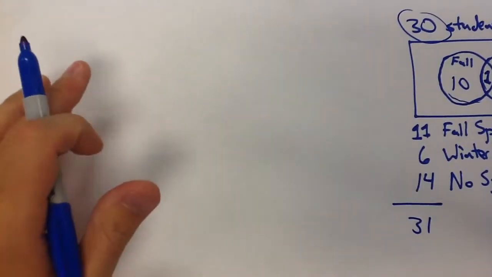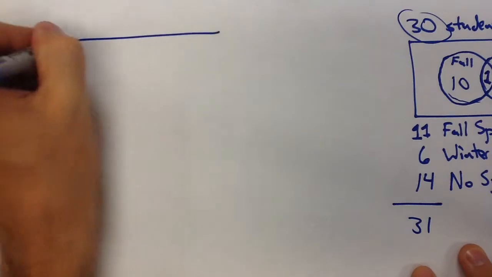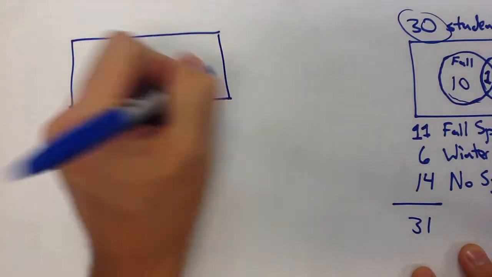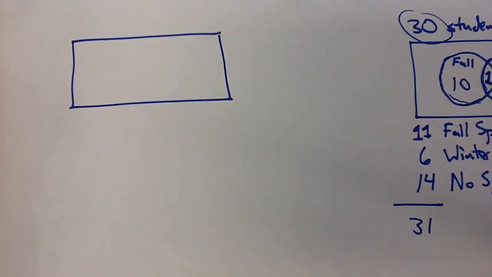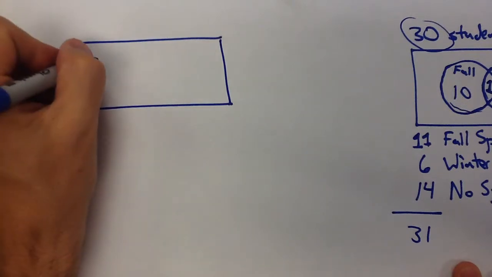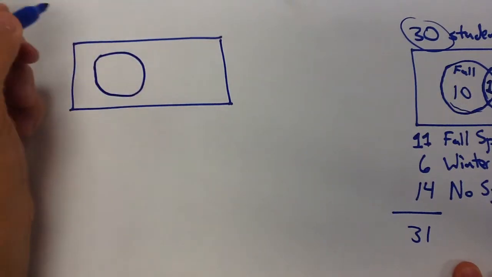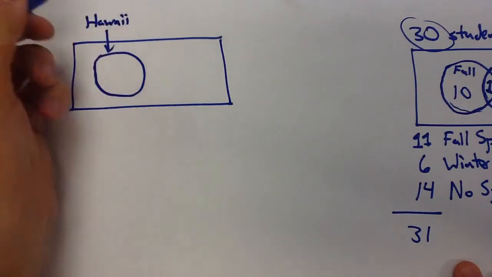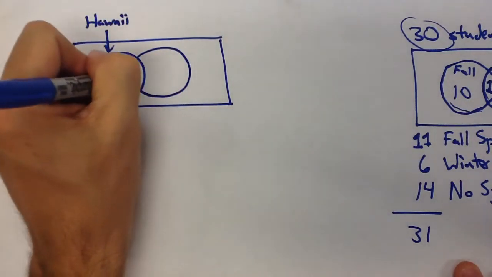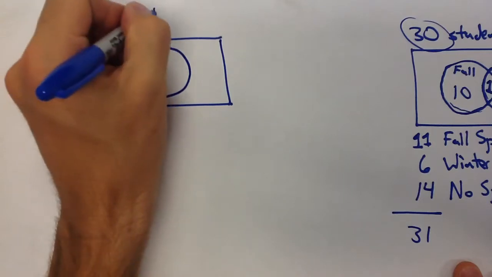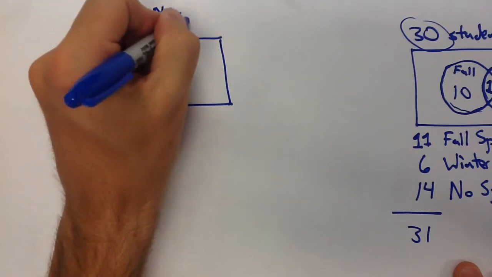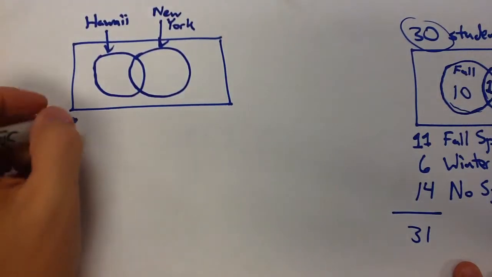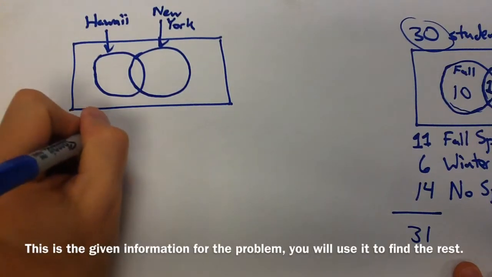Now, let's think of another one. Let's say we're now looking at traveling. So we have students that have traveled. Let's say our students either went to Hawaii, New York. Now, 12 of the students have been to Hawaii.